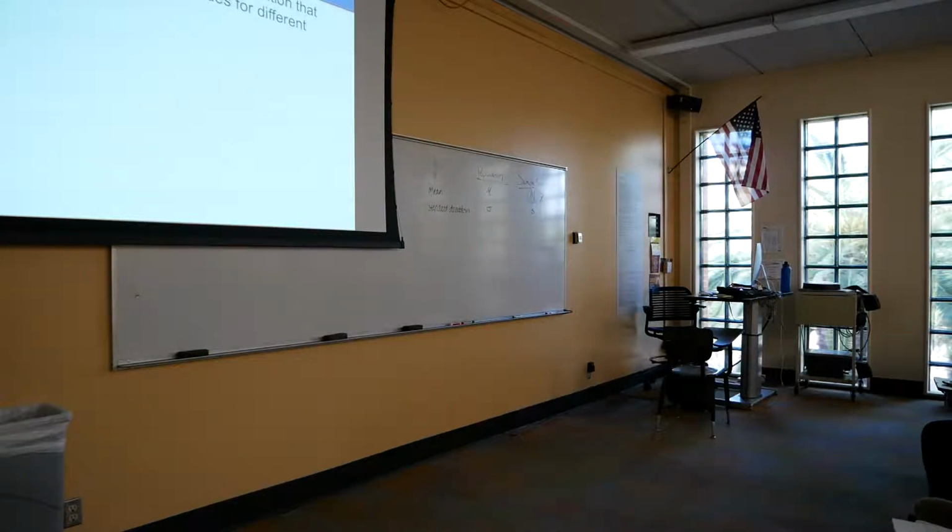So variable, characteristic or condition that changes or has different values for different individuals, is a very broad term that we're going to narrow down to different types of variables in the near future. So a variable is something that we can measure.